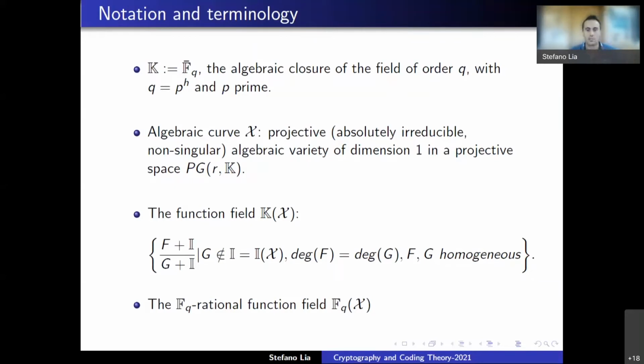Now, the function field associated to a curve X is the field whose elements are of this form, namely f plus I over g plus I, with I the ideal of all the polynomials vanishing on X, and f and g homogeneous polynomials of the same degree. So if we are in PG(r,K), they will have r plus 1 variables. If we further require that f and g also have coefficients in F_q, we will get the F_q-rational function field F_q(X).